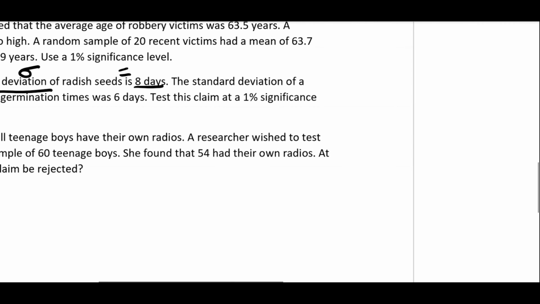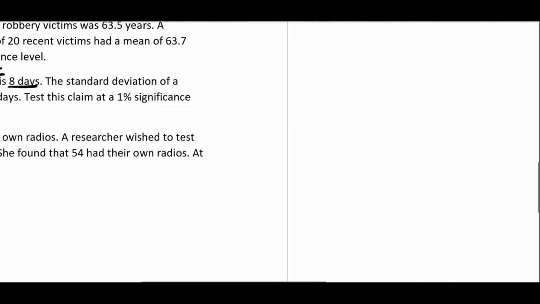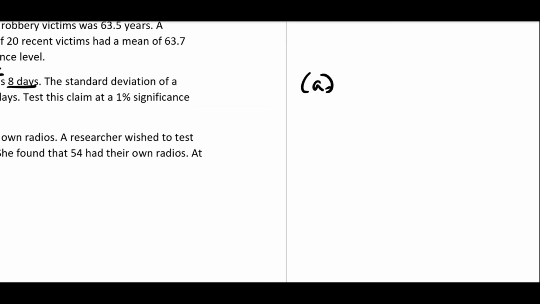So that's our claim, but remember that when we're dealing with sigma, we use sigma squared, not sigma, right? So for our claim, even though they say that sigma is equal to 8, really we should say sigma squared is equal to 8 squared, which is 64, okay?